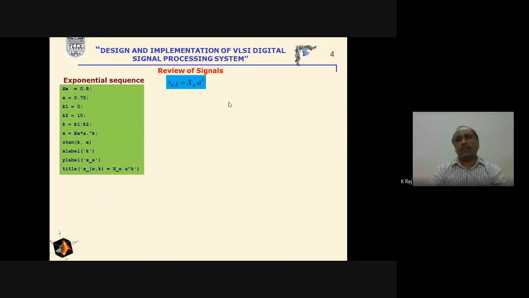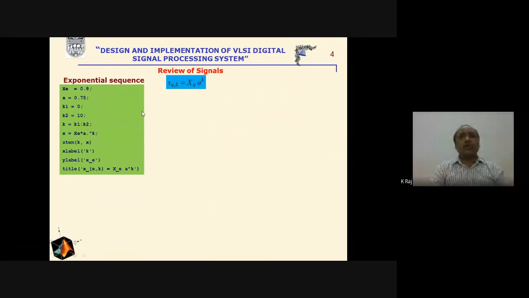The digital system operates on discrete time signals, so there is a need for discrete time signals that will be utilized as the input in order to test the performance of the designed digital system here.